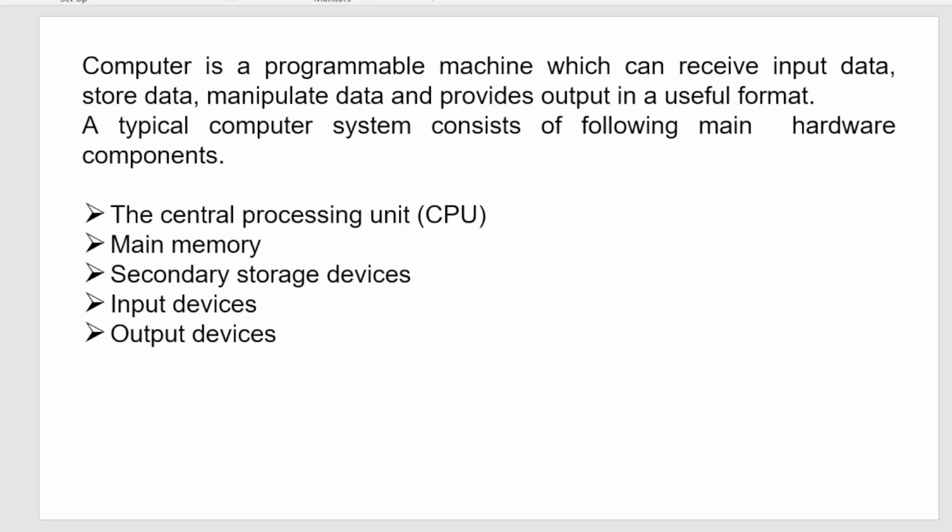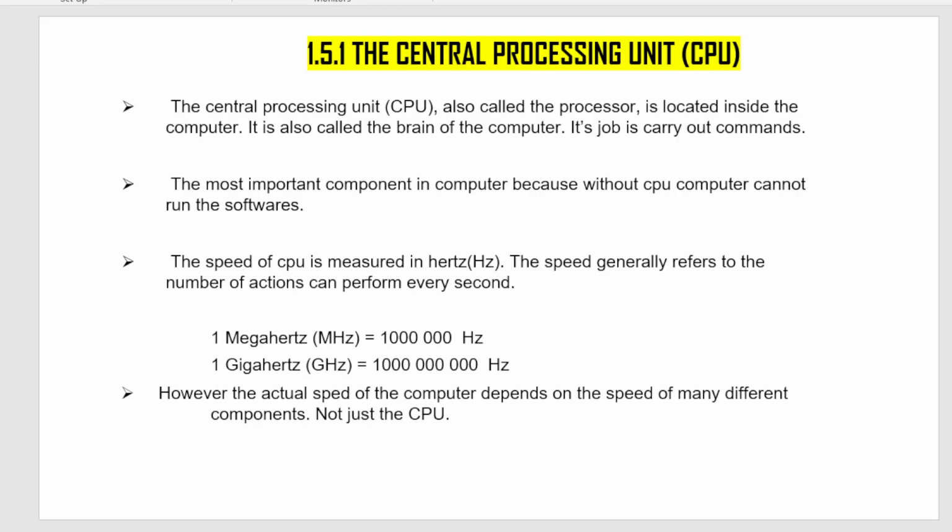A computer is a programmable machine which can receive input data, store data, manipulate data, and provide output in a useful format. A typical computer system consists of the following main hardware components: central processing unit, main memory, secondary storage devices, input devices, and output devices. What is the meaning of central processing unit?